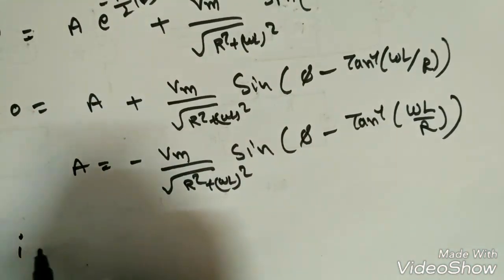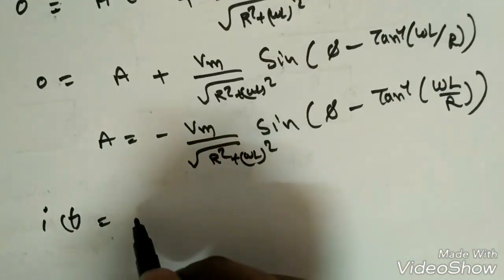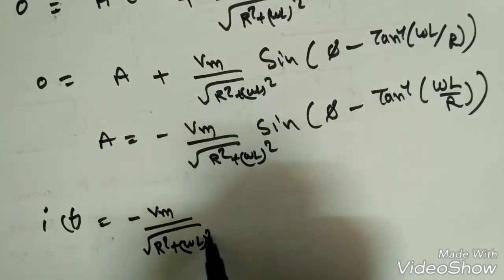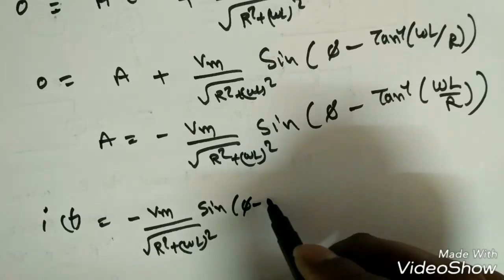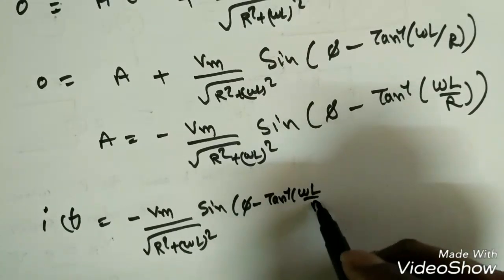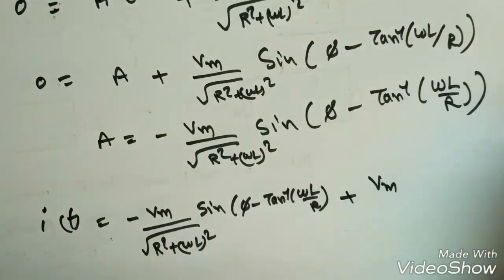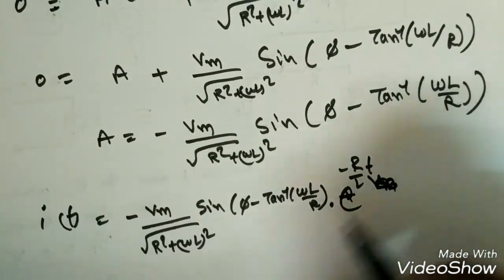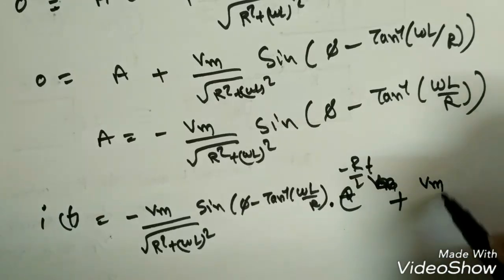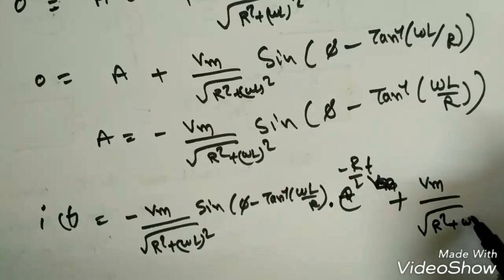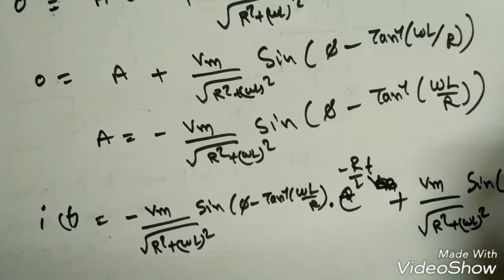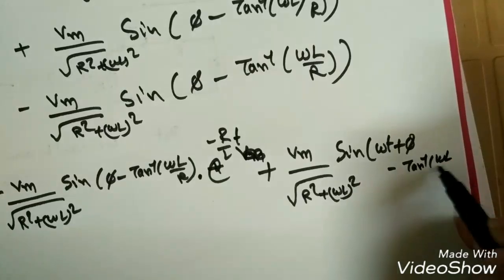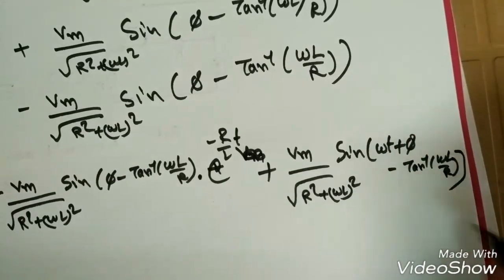Now if I substitute in this one, i of t is equal to minus Vm by square root of R square plus omega L whole square sine of pi minus tan inverse omega L by R, into e power minus R by L into t, because it's a transient response, plus Vm by square root of R square plus omega L whole square sine of omega t plus pi minus tan inverse omega L by R. So this is the expression.